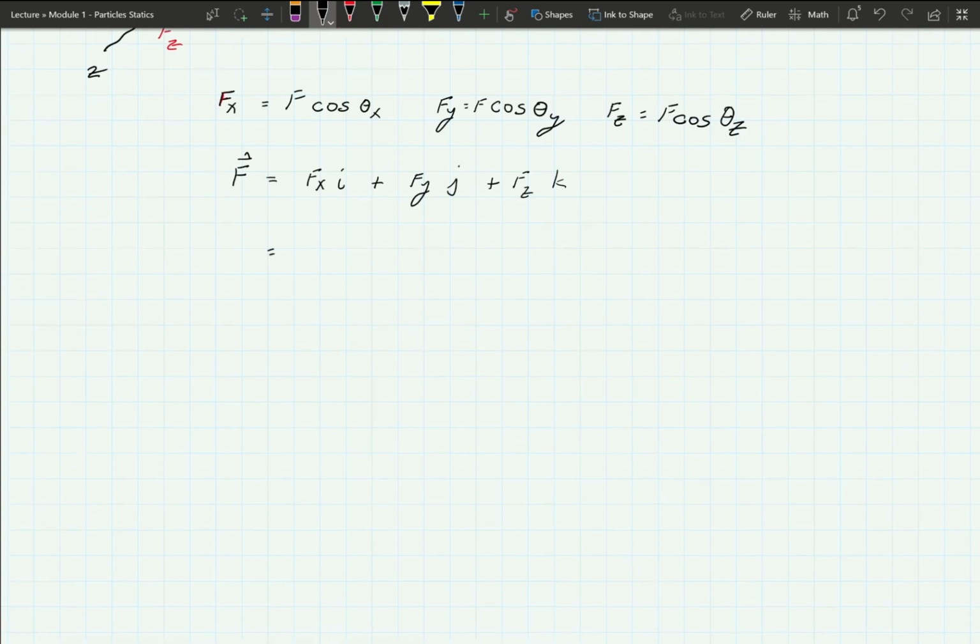Or, if you want to make the substitutions in now, F cosine theta x i plus F cosine theta y into the j, and F cosine theta z into the k.